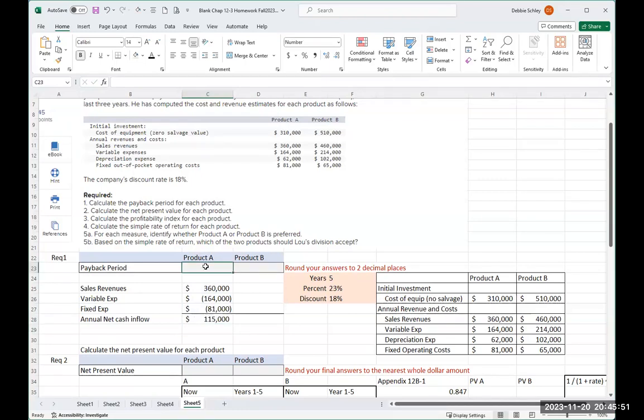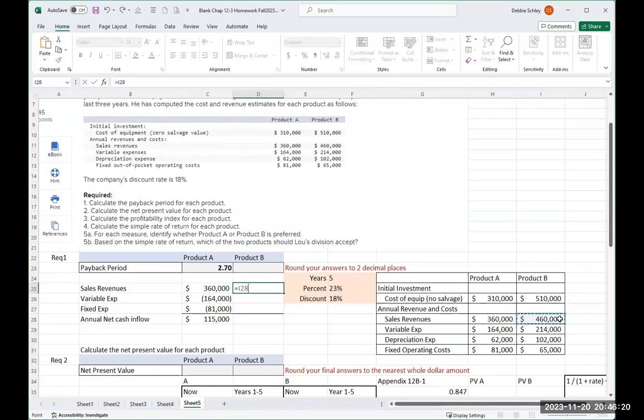So for product A, I will take the initial cost of the equipment divided by the annual net cash inflow that I just figured out. So my payback period rounded to 2 decimal places is 2.70. Not a percent, it's not dollars, it's just a number. Okay, so product B, same thing.